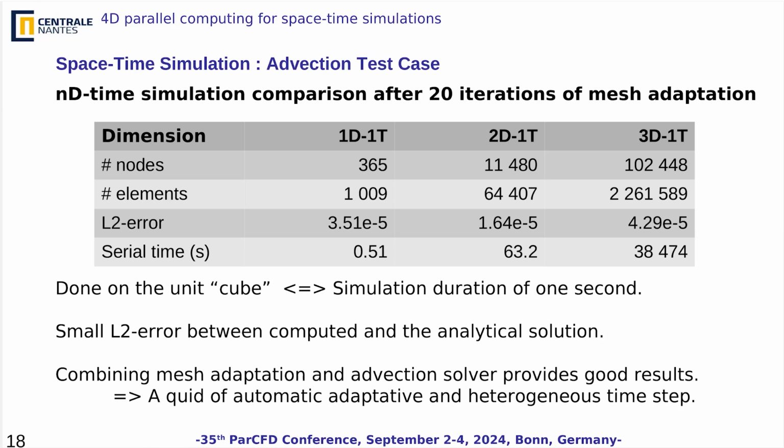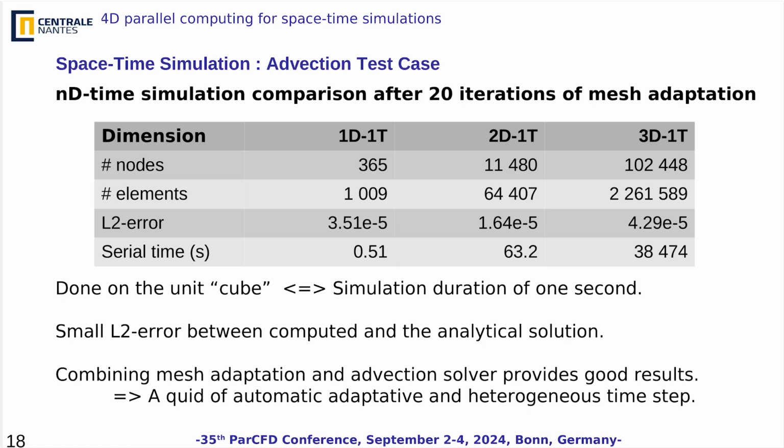The time is in serial, without any parallel computation. It's done on the unit cube for this simulation, so in time we have 1 second. So it's a simulation whose duration is 1 second in that case. The L2 error is almost the same for all of them. And so, combining mesh adaptation and an advection solver in space-time can provide good results. And doing that, we have a kind of automatic, adaptive, and heterogeneous time stepping.